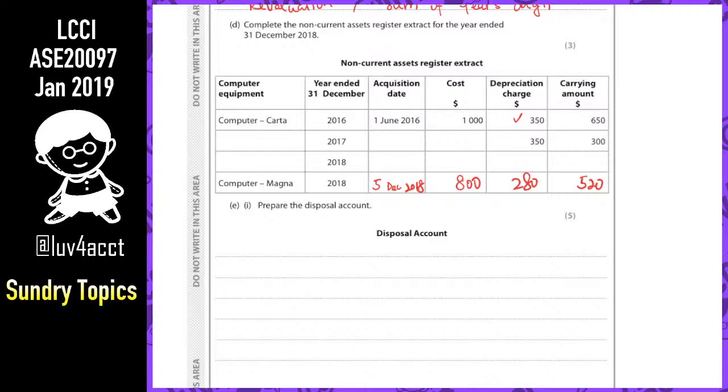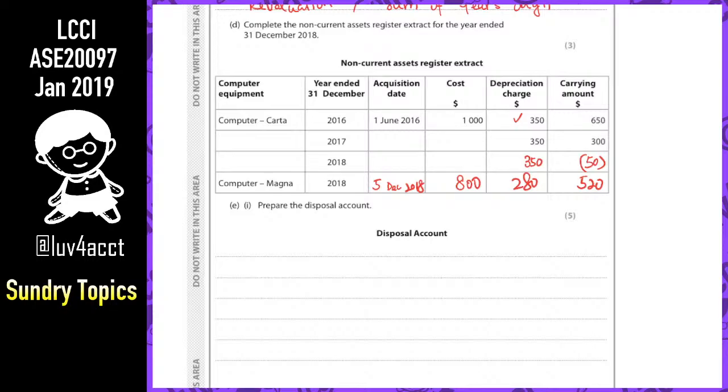If you are not careful, you would also write 350 here, then you will find that you have a negative carrying value. But this is not making any sense. We won't have a negative non-current asset.